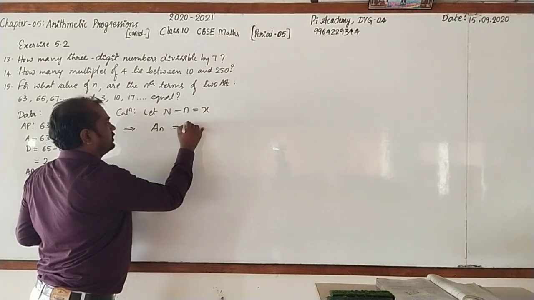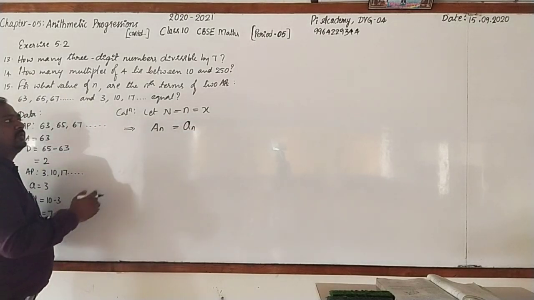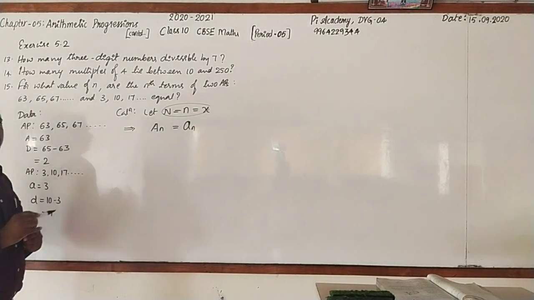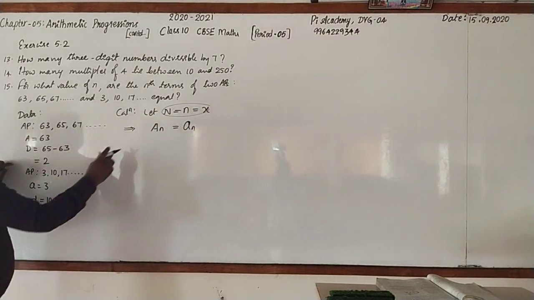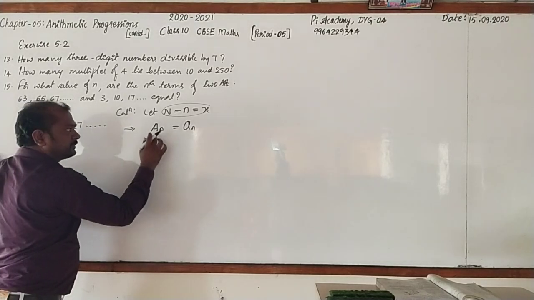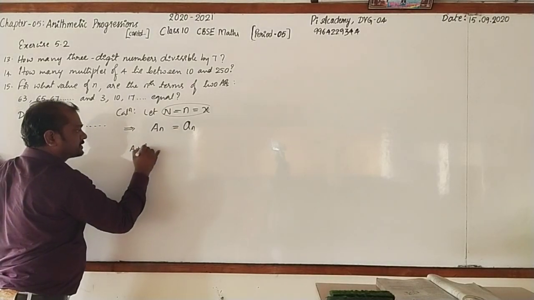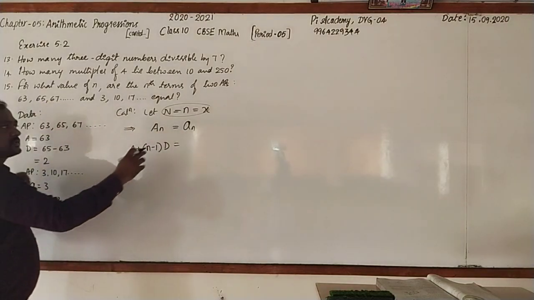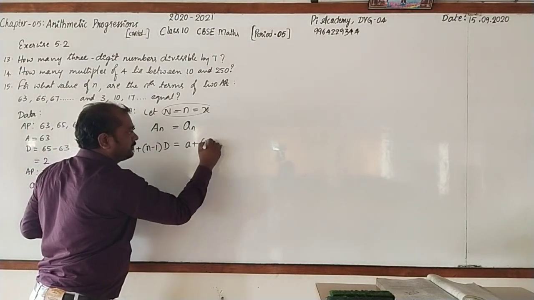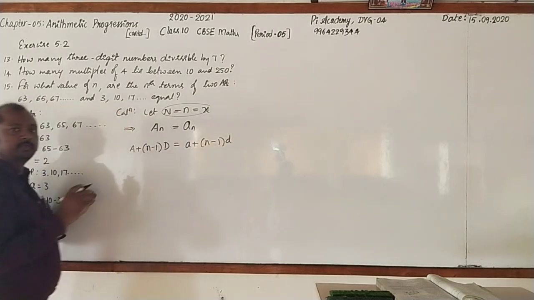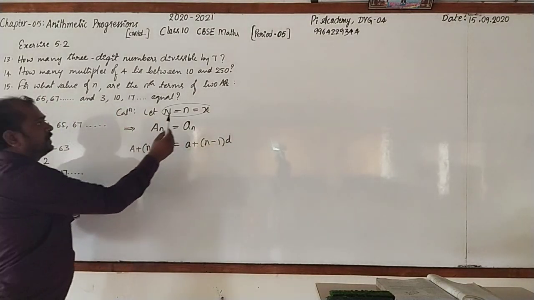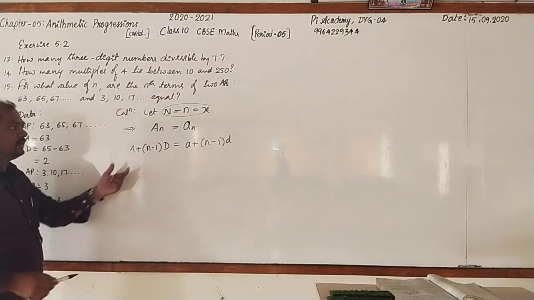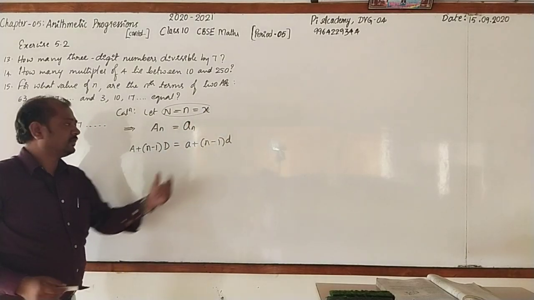Even you no need to take this capital N; on both sides you can take n only. Capital An can be written as A plus n minus 1 into capital D. Small an is a plus n minus 1 into d. Here I have avoided taking x; directly I have taken n.